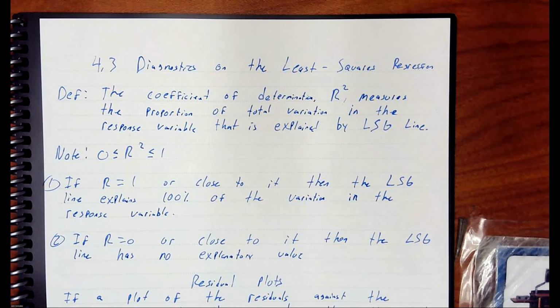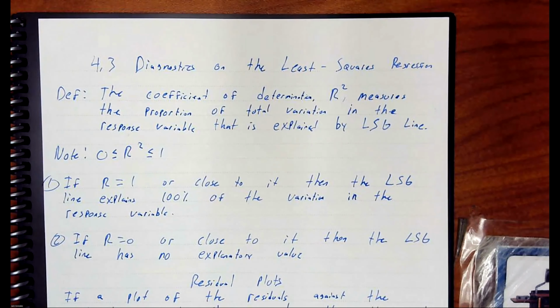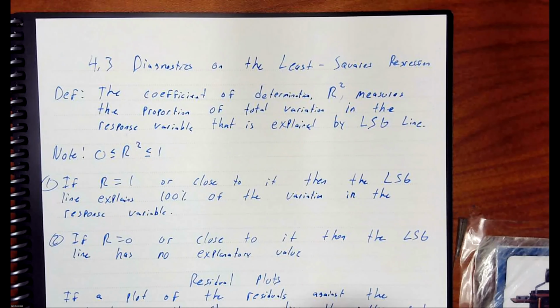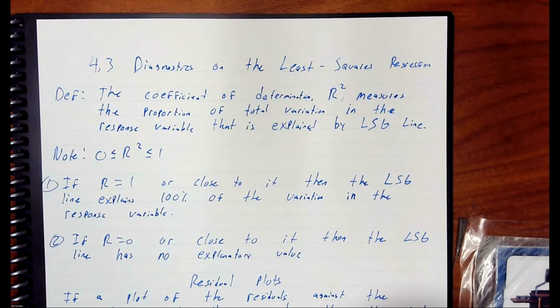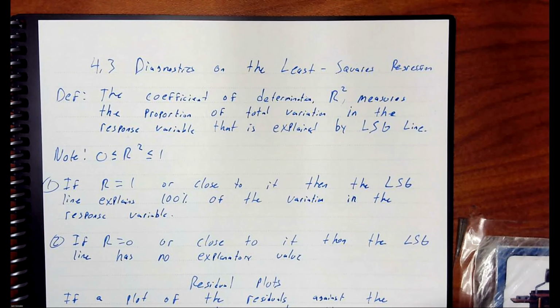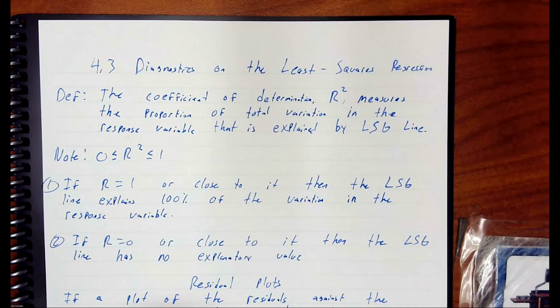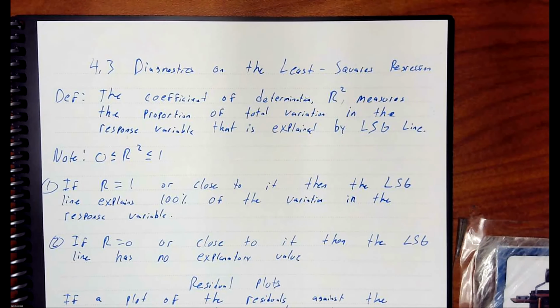So if you see the residuals having a kind of curving pattern, well, any kind of pattern, you see something, then the explanatory and response variable may not be linearly related.